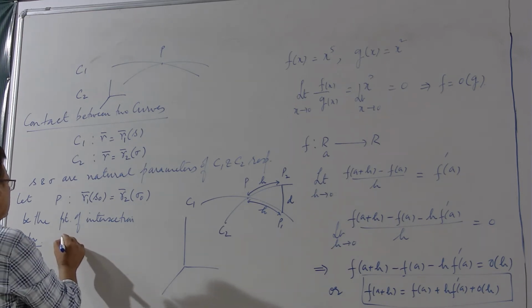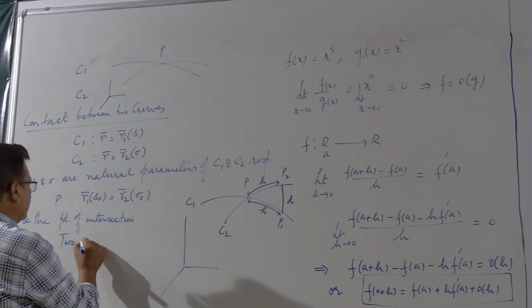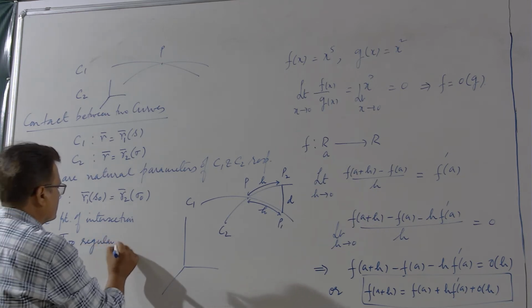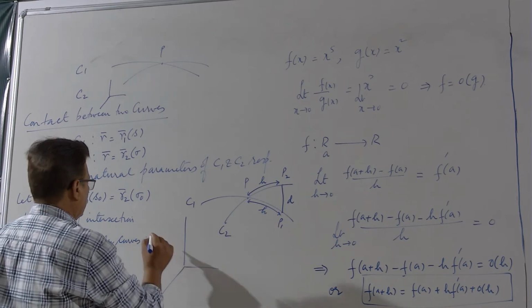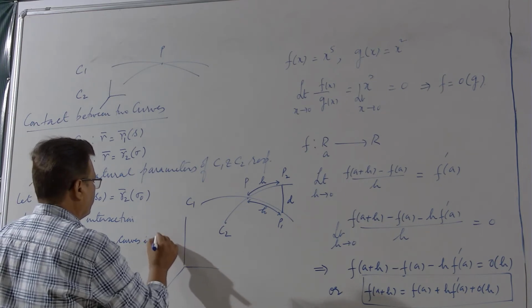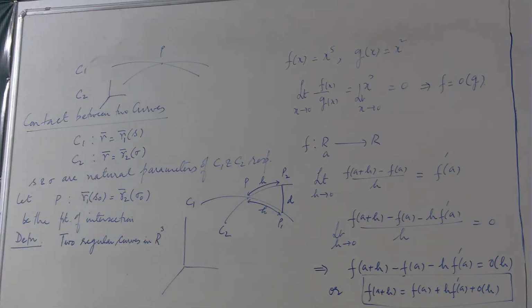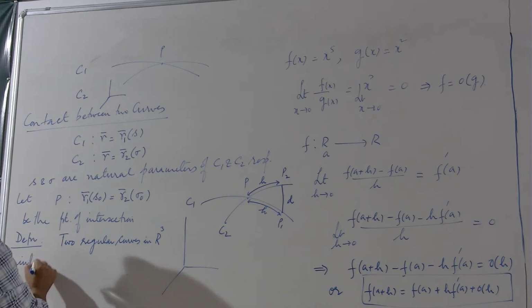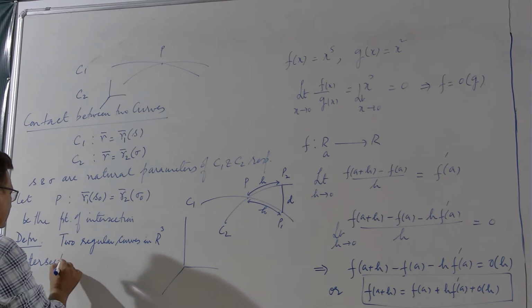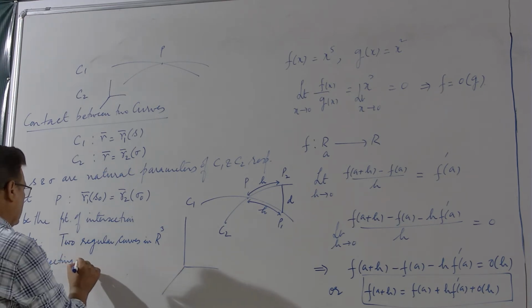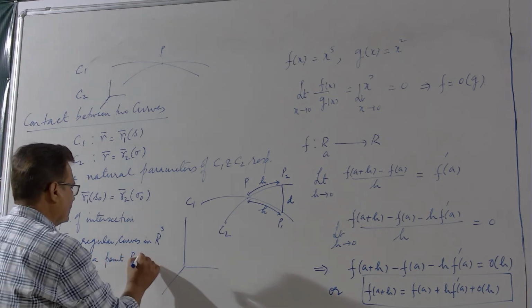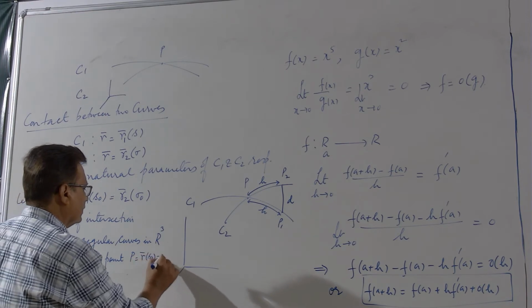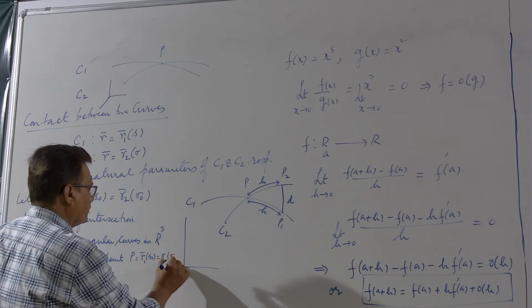So, C1 and C2, two regular curves in R3 intersecting at a point P, which is r1(s0) as well as r2(sigma0).